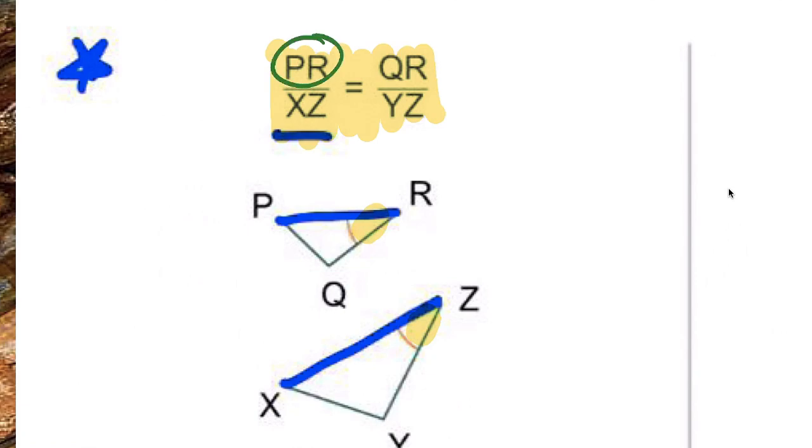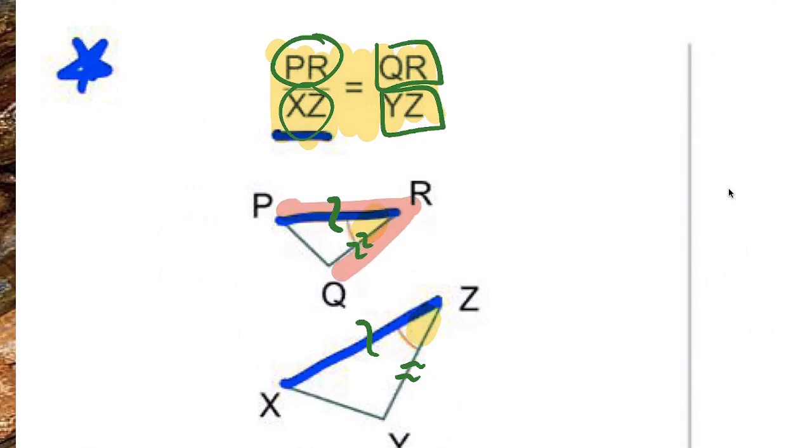So PR, we're going to do a squiggle, and XZ, do a squiggle. And then the other set, we're going to do a double squiggle. I'm doing this because they're not congruent to each other, so I don't want to think of them as congruent, but I want to think of them as corresponding. Now, you could also use different highlighter colors to mark your page. But you can see that the sides that have been marked are surrounding that angle that we know to be congruent.